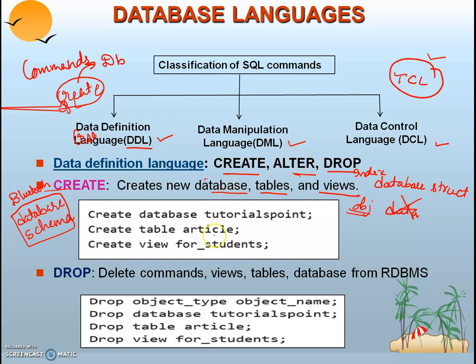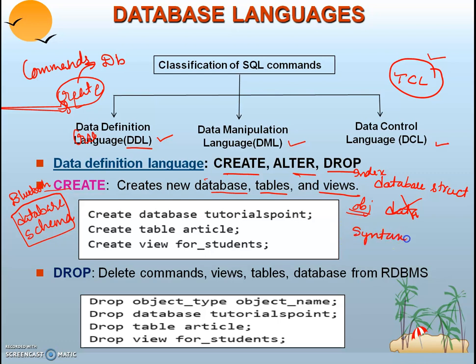Let's try to see the first command, create. The create command is used to create the database or its objects. I already said the objects can be a table, an index, a function, or a view, etc. Now let's see the syntax.